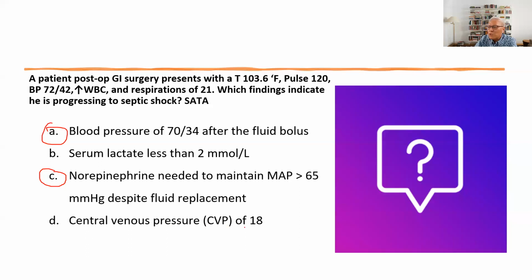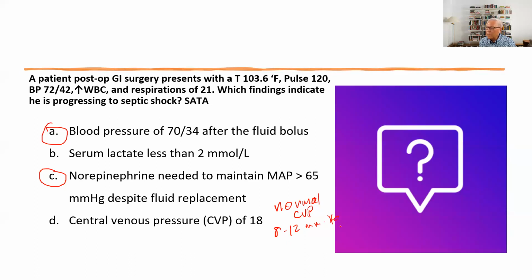A central venous pressure, CVP, of 18 is high, actually. So again, whenever we're measuring CVP, the normal is 8 to 12 millimeters of mercury. So let me just write that down. It is 8 to 12.